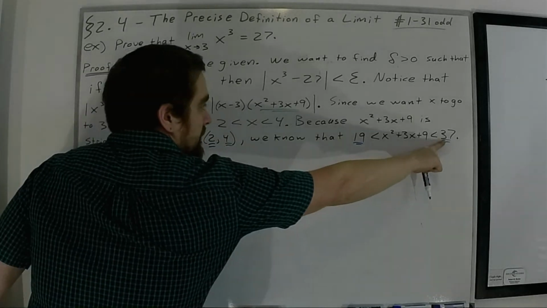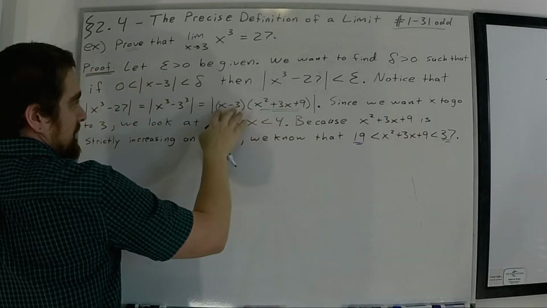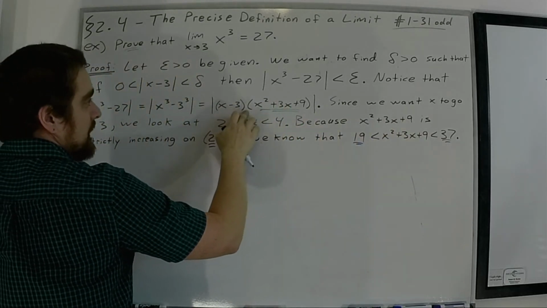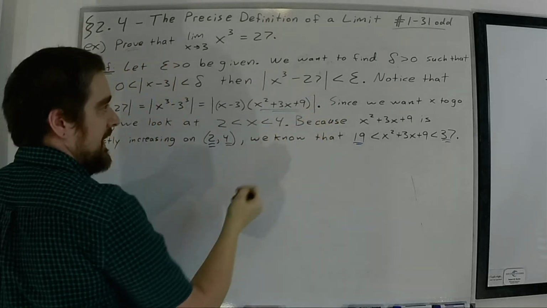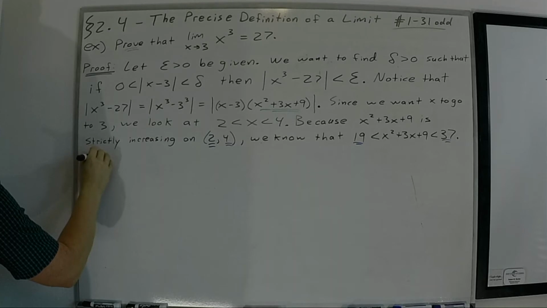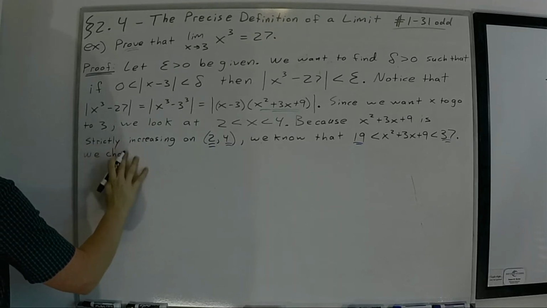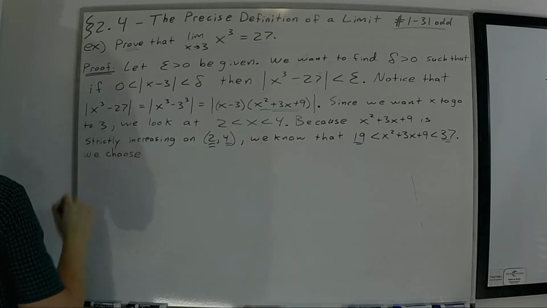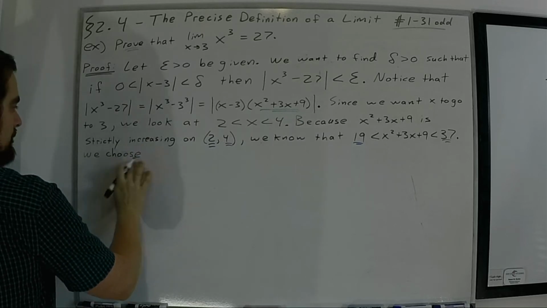Since 37 is the largest value this can attain, I'm going to have the absolute value of x minus 3 times 37 at the maximum. That's how I want to choose my delta, so that I get the smallest epsilon satisfied.